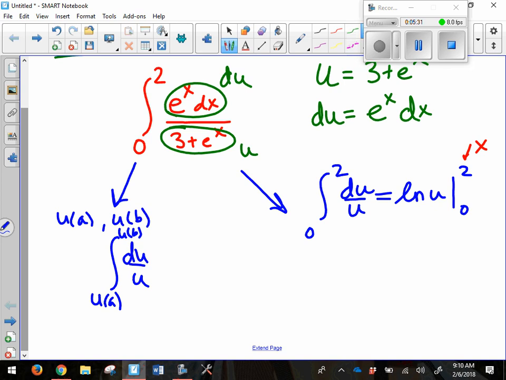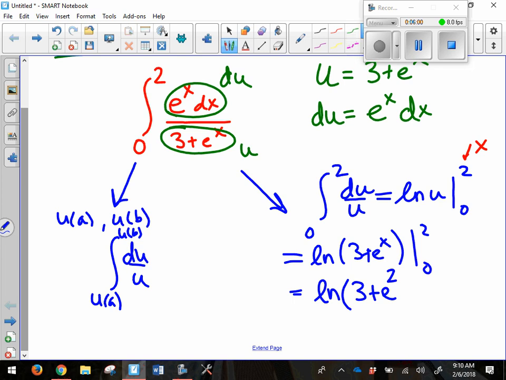So for me, in the years that I've done this, what I always do is I always substitute back in for u anyway, because if it was an indefinite integral, I would never leave my answer in terms of u. So I substitute back in for what u is. My limits are in terms of x, so then it's going to be the natural log of 3 plus e to the 2 minus the natural log of 4.